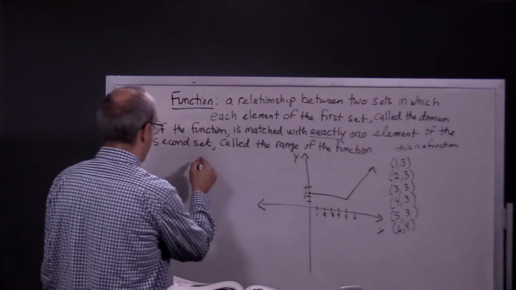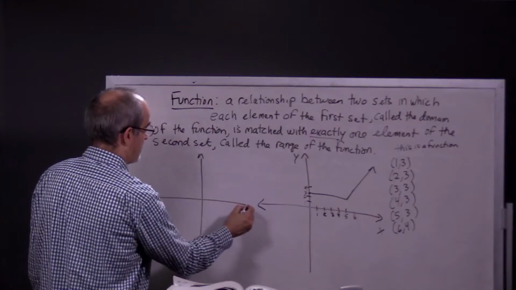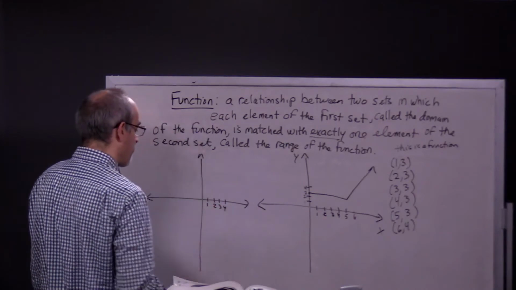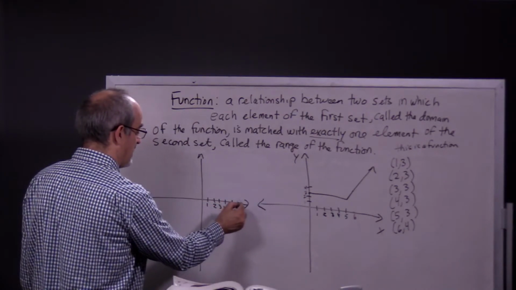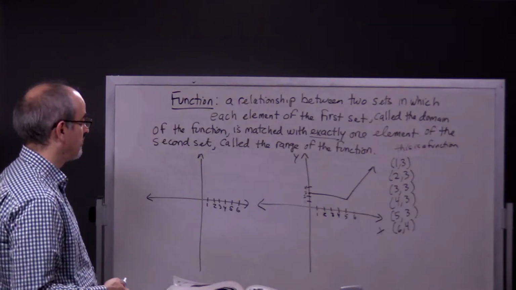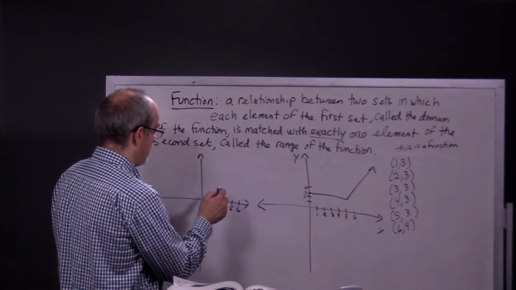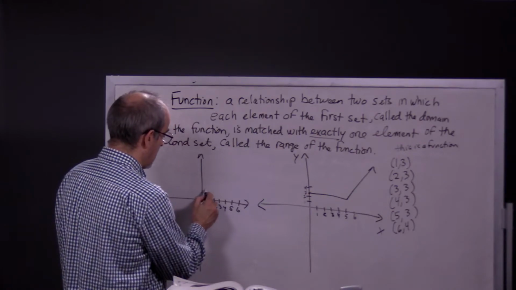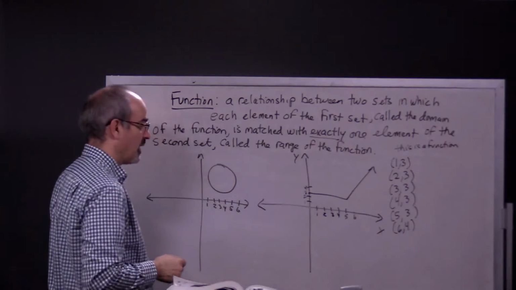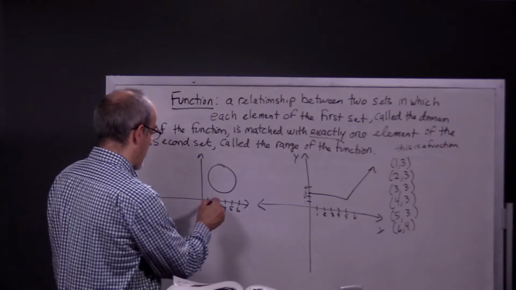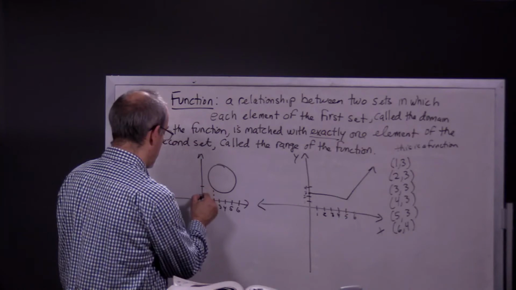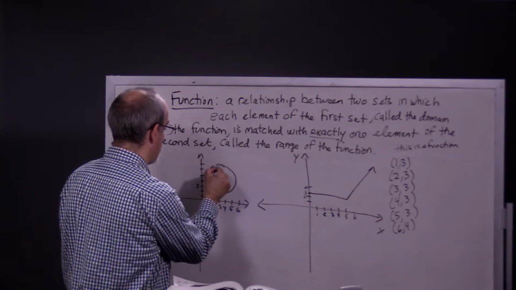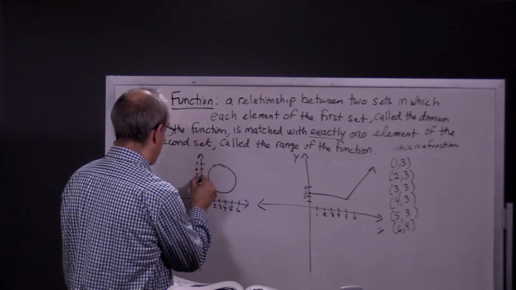Let me do an example of a graph that's not a function. It's easy. I could make up a really easy example, but I'm going to do one that might be a little bit harder to see. Just like the circle, I guess. Okay, that graph is not a function. The reason why, when x is 2, it might be 3, 4, 5, 6, 7.